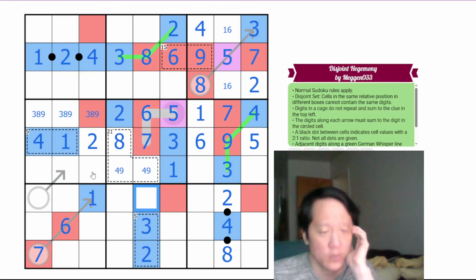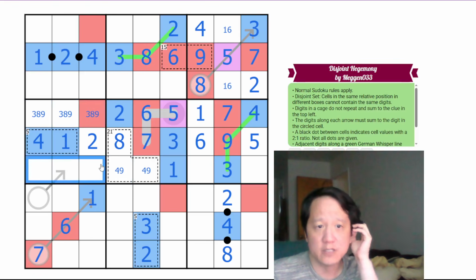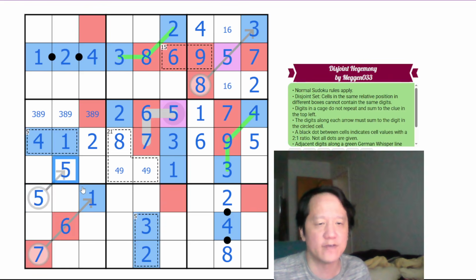Remaining digits of this left central box, then, because of the 3, 8, 9 triplet, cannot be 3, 8, and 9, so it has to be 5, 6, and 7. And this digit is the same as that, and it cannot be 6 or 7, so this must be 5. That's 5 there. This can't be 6, or 5 or 7, so it's 6, which makes that 7.